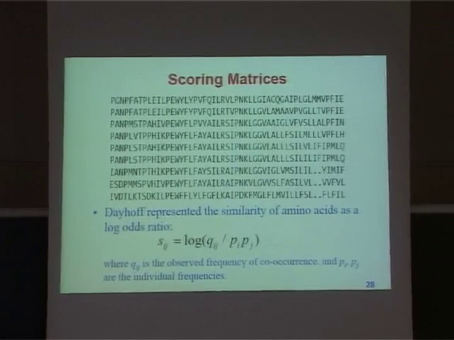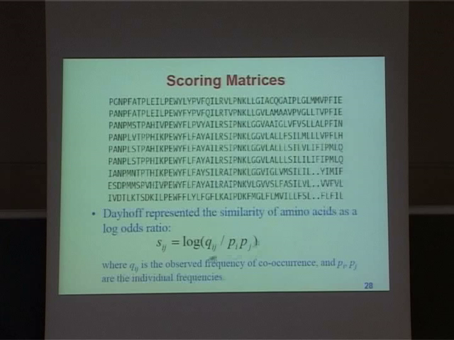And you take the log of this value. The ratio here, since these are counts, is going to be positive. So to convert it to a score that can be either positive or negative, we take the log of this, and therefore it's called the log odds ratio.